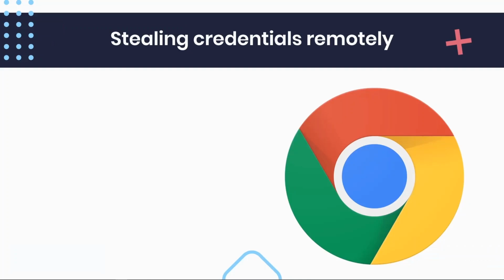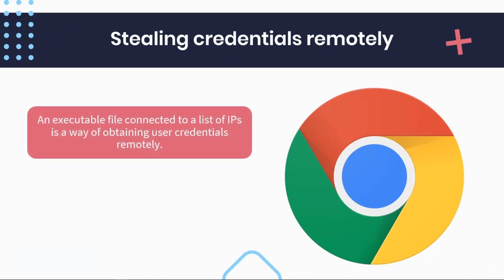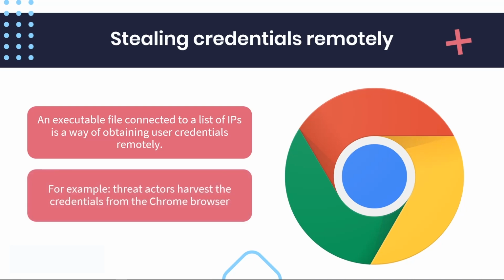execution. On host networks, an executable file connected to a list of IPs is a rather clever way of obtaining user credentials remotely. Basically, threat actors can harvest the credentials from the Chrome browser and the management application credentials the users have saved in their browser.